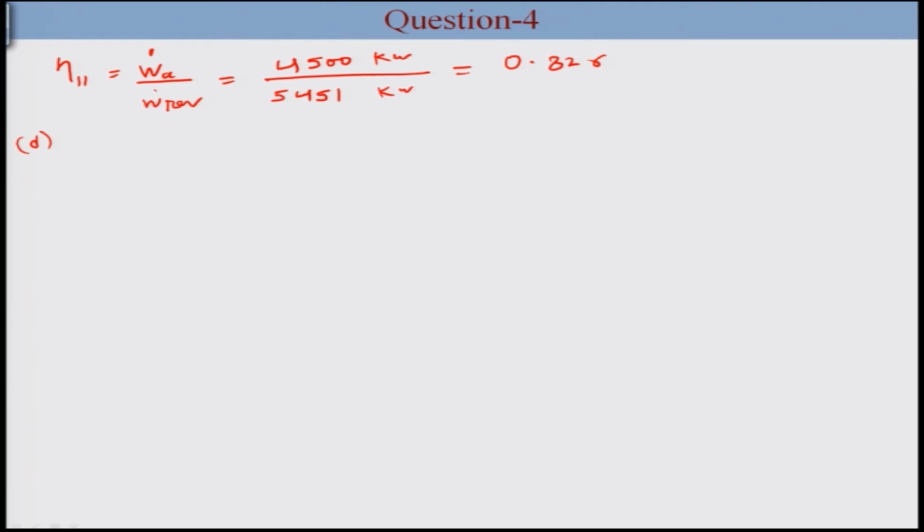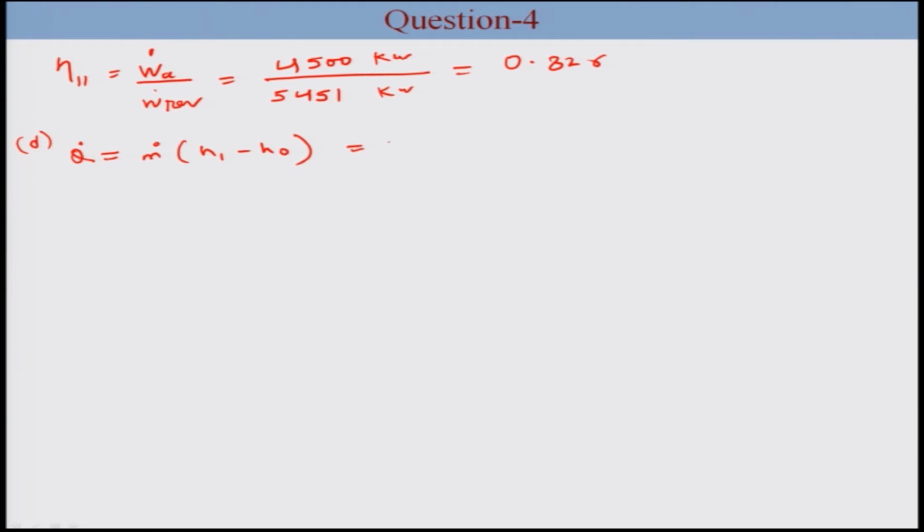So to calculate the increase in the power, we know the energy of the steam at the turbine inlet for the given dead state is Q dot, which is equal to m, the mass flow rate, multiplied by H1 minus H naught.